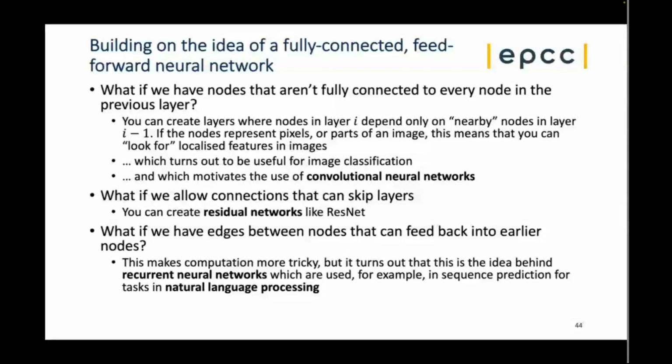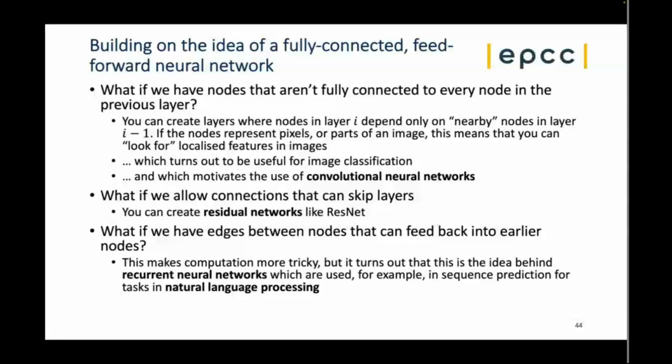So that's useful when you're continuing to put in new elements of the sequence, new words in your sentence or something, and you want to have memory of what's happened before with the previous words in the sentence. So that slight variation of having backward links in the network is what recurrent neural networks are.